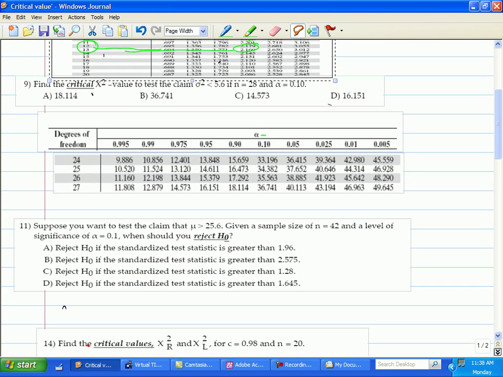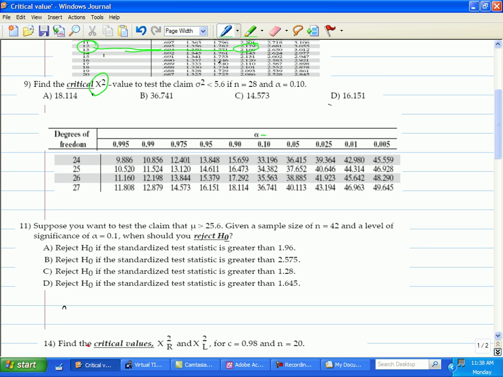Now for number 8, for number 9, also to find the chi critical value, that's table 6, where the degree of freedom is equal to 27, but this time they gave you alpha equal to 0.1.